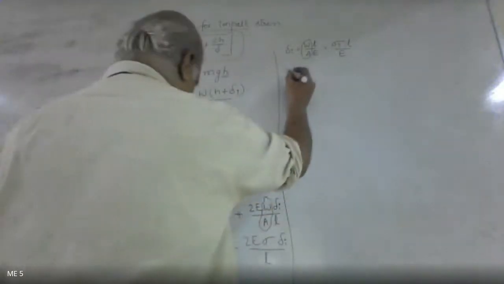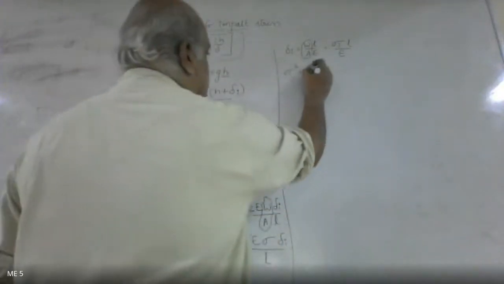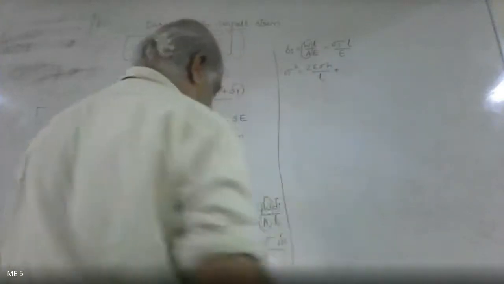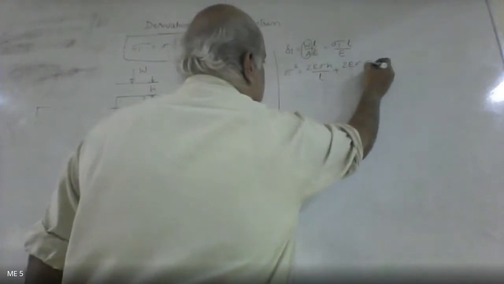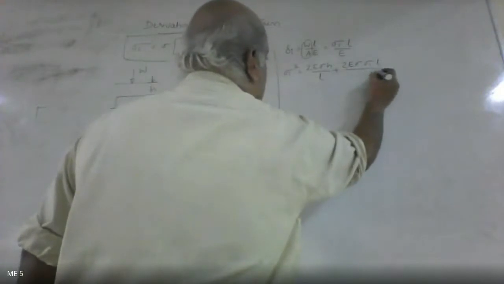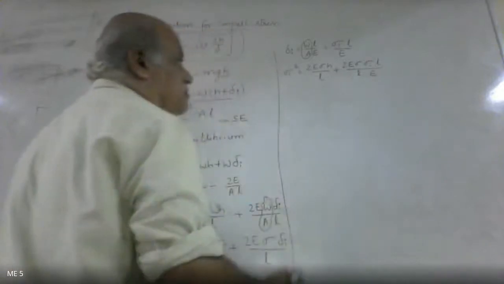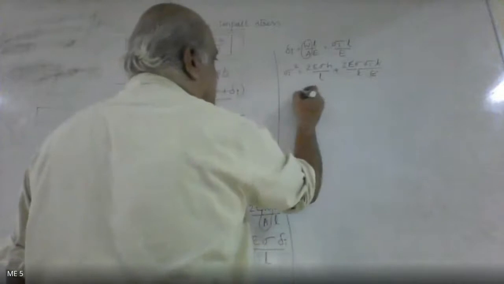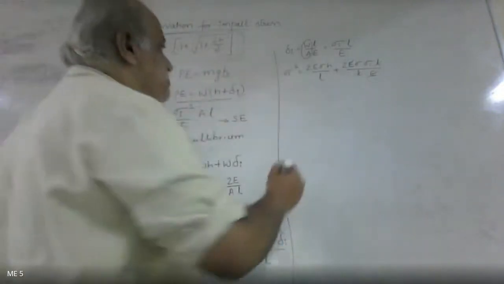What I am going to get is sigma square I is equal to 2E sigma H by L plus 2E sigma into sigma I into L by E, and I have L here in the denominator, so that L is going to be there. So L and L gets cancelled, E and E gets cancelled. What I am going to get here is 2E sigma H by L.